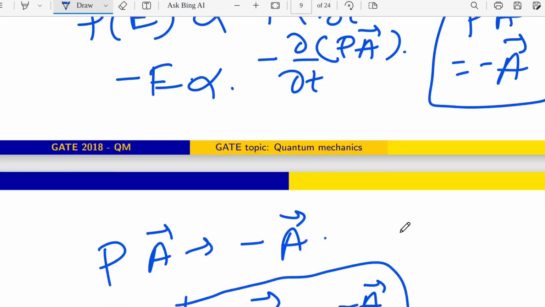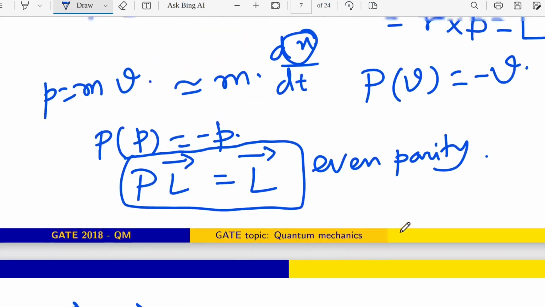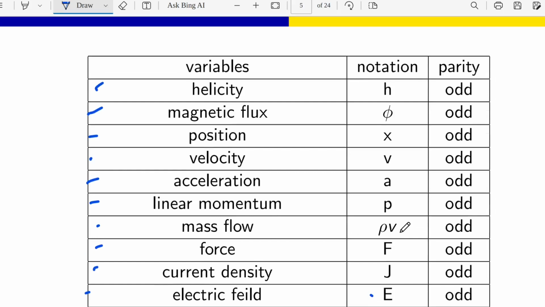Okay, coming to the next question. I have just mentioned this table as an additional sheet, so that whenever you see a variables list, you can readily understand which variables are under parity, and whether the parity is odd or even, simply by this table.